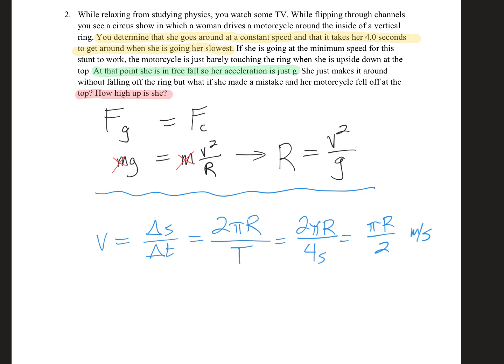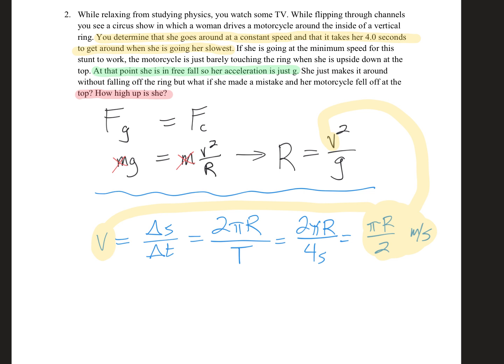So what's going to happen next, and this is why you took algebra, is this V, which we've just written this way, is what's going to go in here. So instead of leaving it as V, which I don't have an answer for, and even when I try to compute it, I get this pi r over 2, so basically half the circumference, if you will, because of the time part.